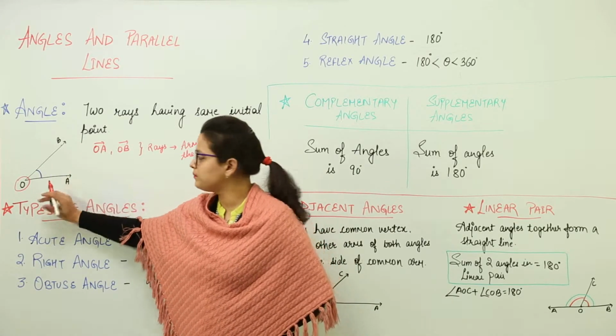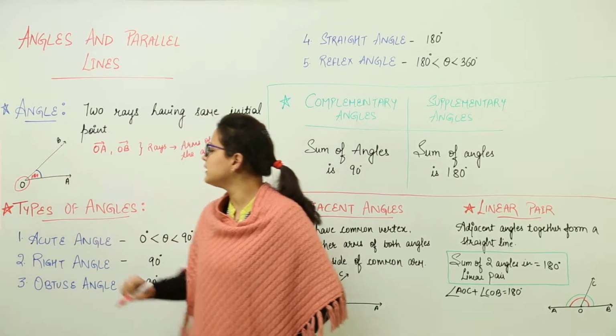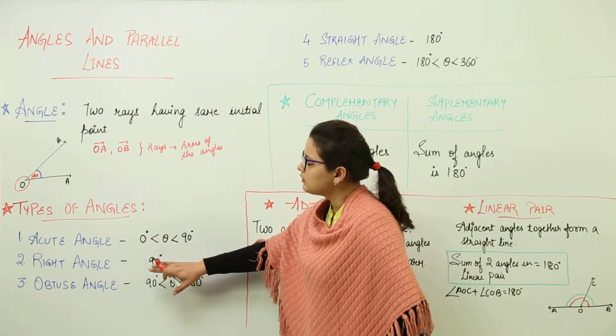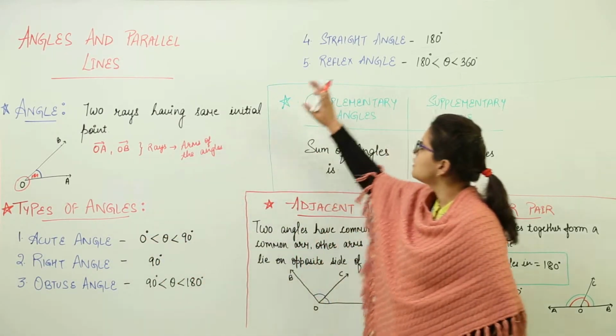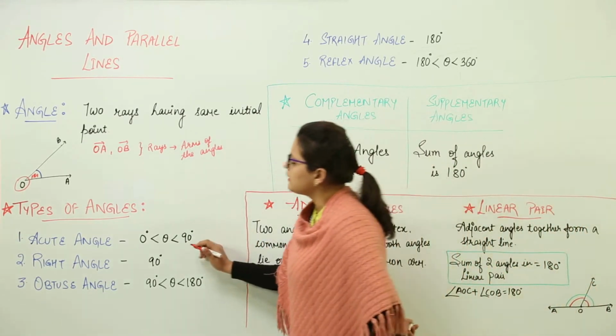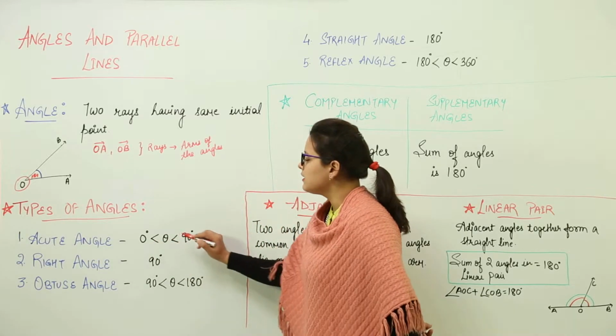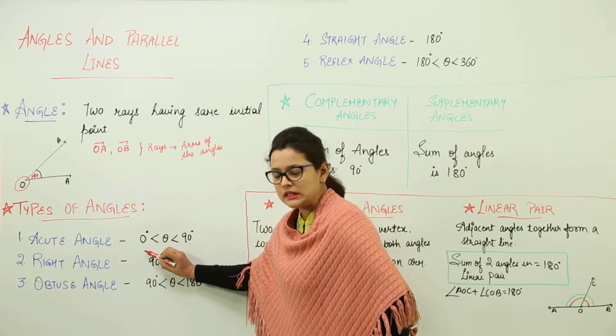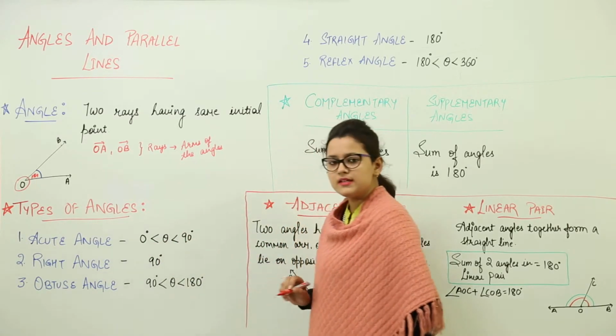Now we have the types of angles. In types of angles we have acute, right, obtuse, straight angle and reflex angle. An acute angle is any angle whose measurement is greater than 0 degrees and less than 90 degrees.